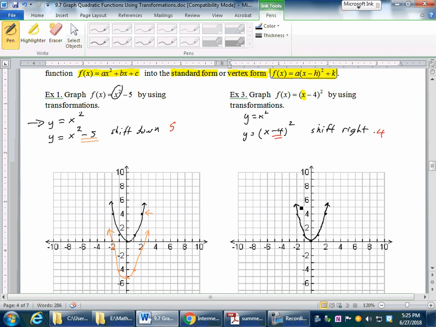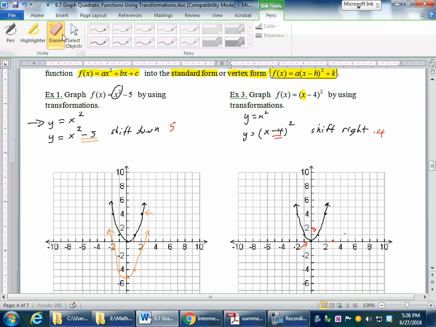And we're going to shift to the right 4 units this time. So this point shifted to the right 4 units will become right here.